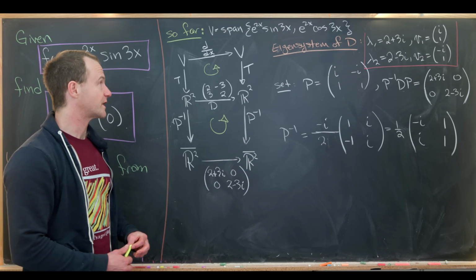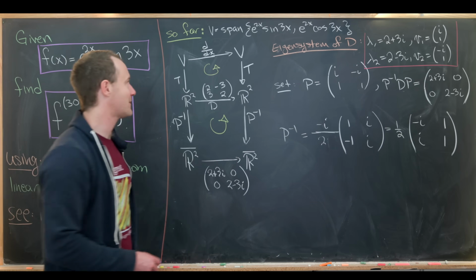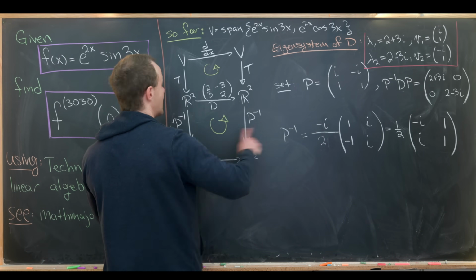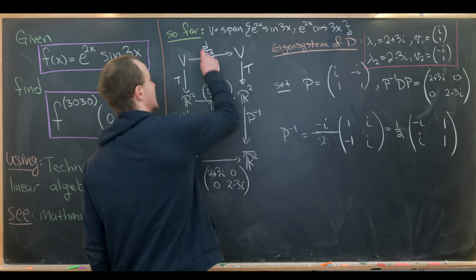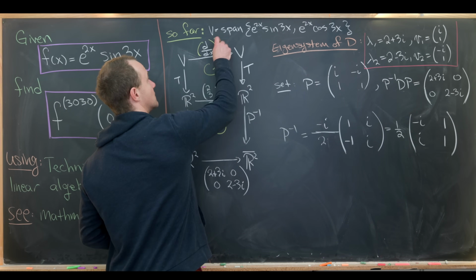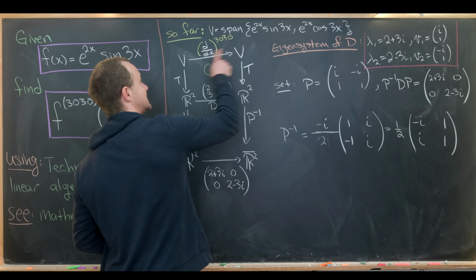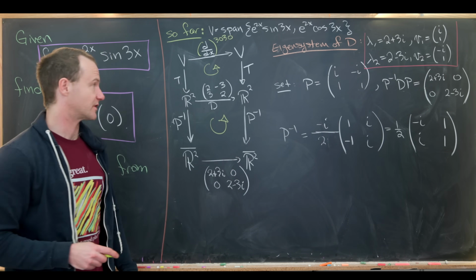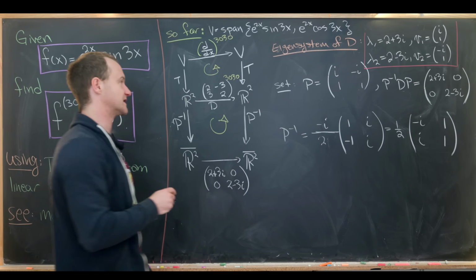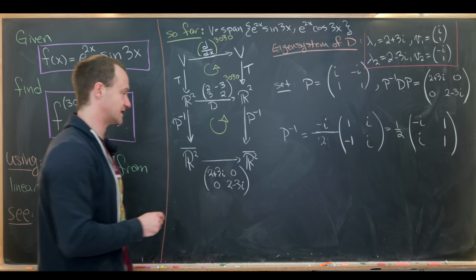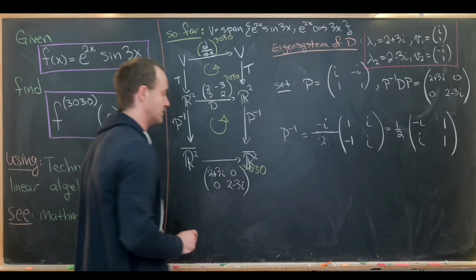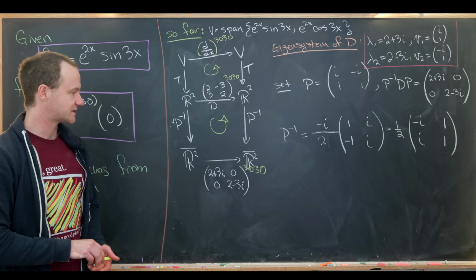And now we'll use the real power of this situation. And that power is the fact that this can be extended all the way down there 3,030 times, and then contracted back to forget about all of the middle, so that taking the derivative 3,030 times is the same thing as multiplying this matrix 3,030 times, which is the same thing as multiplying by this simpler matrix 3,030 times.